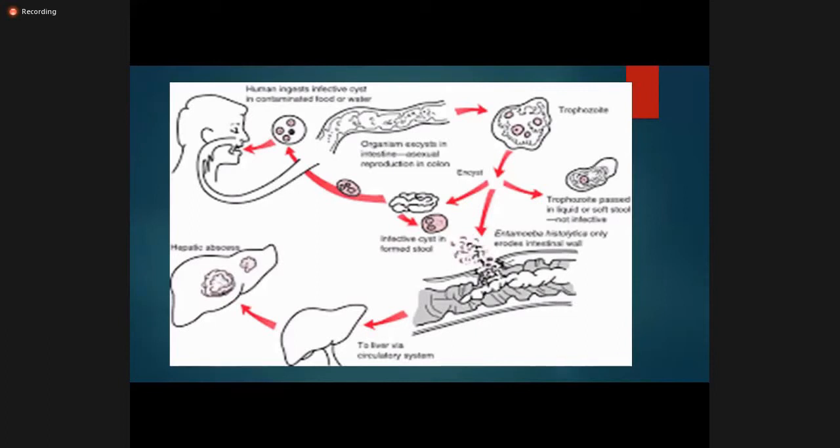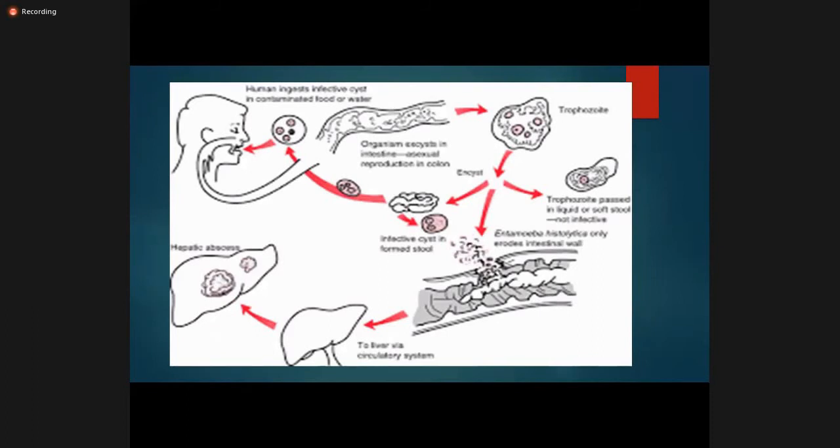One of the key features of the amoebic liver abscesses is that they are multiple, as opposed to the pyogenic abscess, which usually are single.